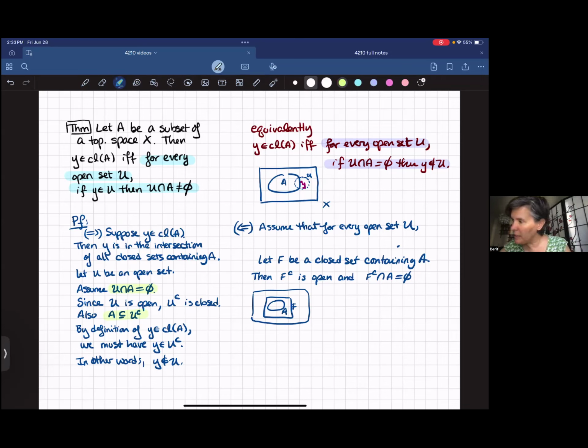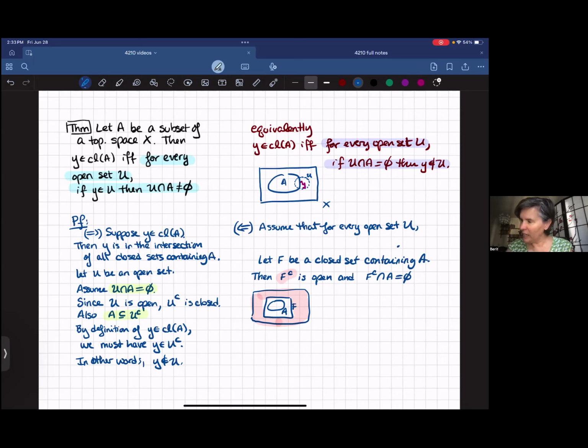So F complement is out here. And so we can see that F complement doesn't overlap with A at all because A is entirely inside of F. Okay. So this is my F complement right there. All right. F complement is open and F complement intersected with A is empty.